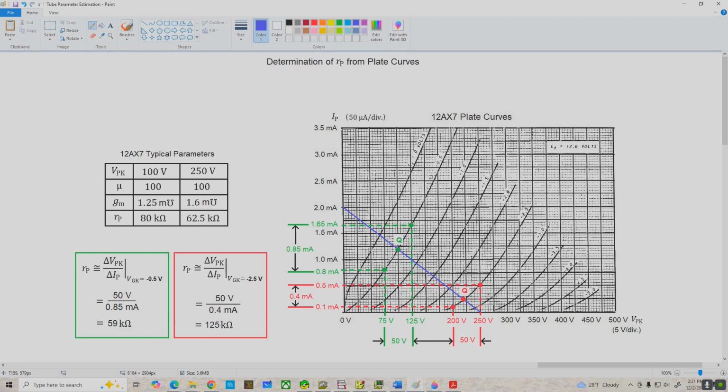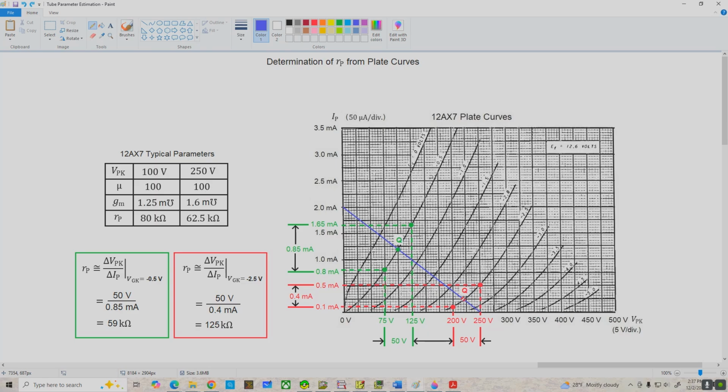So in this case, if we move around our Q point from 75 volts to 125 volts for VPK, that gives us a change in plate current from 0.8 milliamps to 1.65 milliamps. And our resulting dynamic plate resistance is delta VPK 50 volts divided by delta IP 0.85 milliamps, or 59,000 ohms.